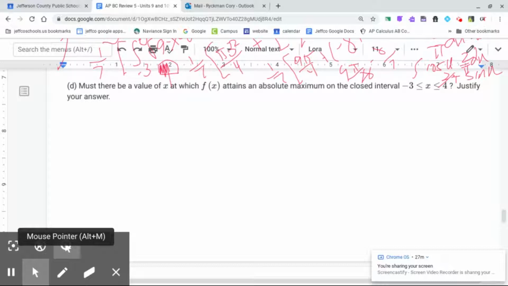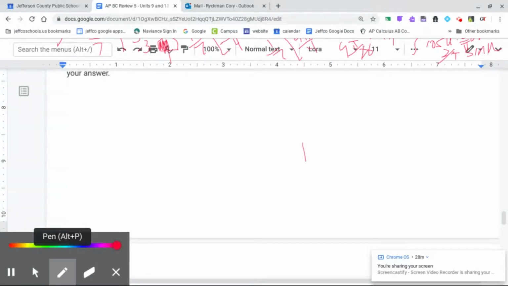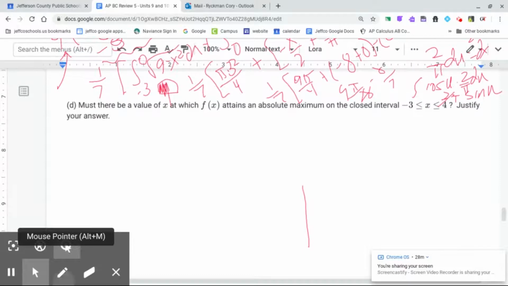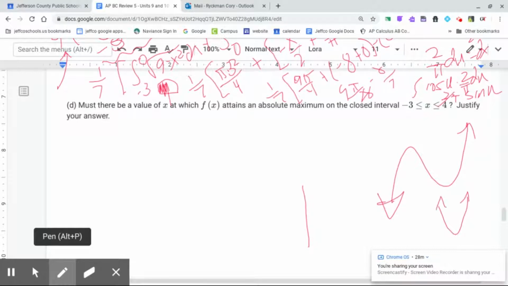Now, the idea here that they're getting at, small mini lesson, is if a function is allowed to go forever, it's possible it won't have an absolute max, all right? Now, a parabola has an absolute min, though it's allowed to go forever.